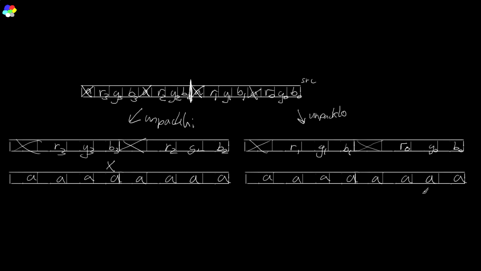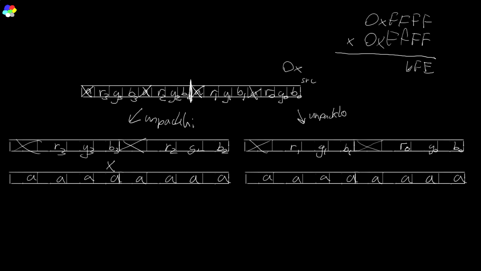However, the thing about multiplying two 16-bit values together in general is if you multiply 0xFFFF by 0xFFFF, your result is going to be, correct me if I'm wrong, but I believe it's going to be 0xFFFE0001.